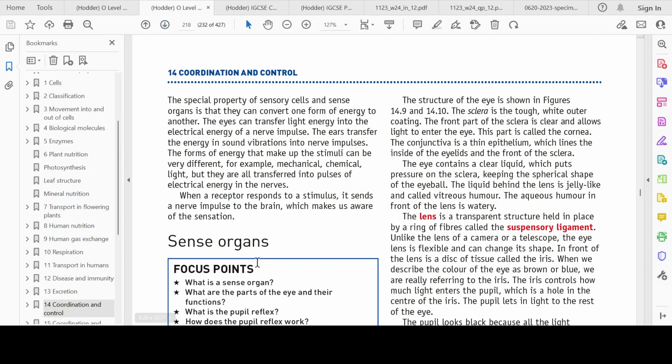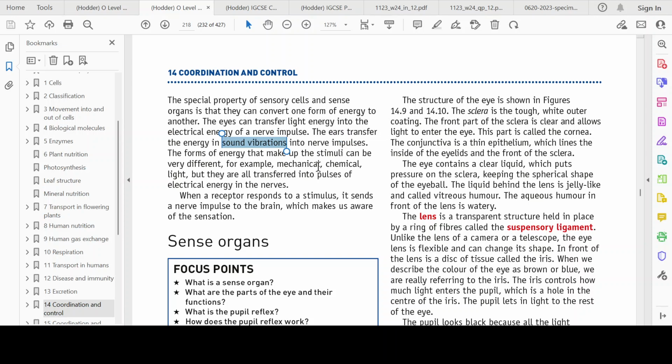Now, the special thing about sensory cells is that they're able to convert one form of energy to another. For example, the eyes detect light energy, but our nerve impulses are in the form of electrical impulses, so they're able to convert light to electrical energy. The ears detect sound vibrations, but they convert it to electrical energy.